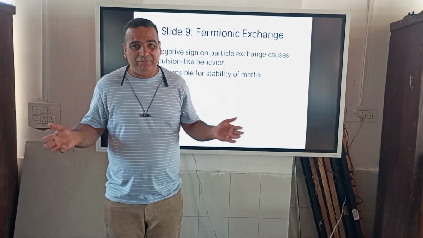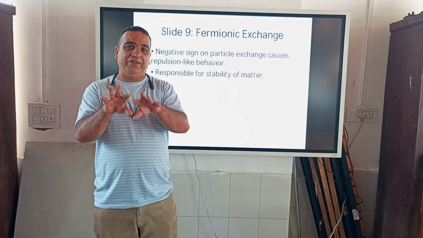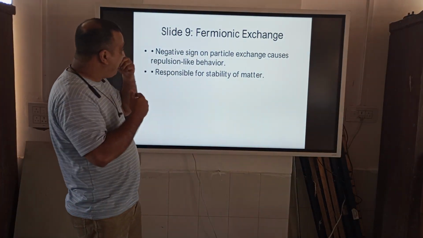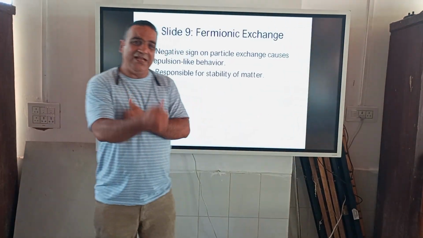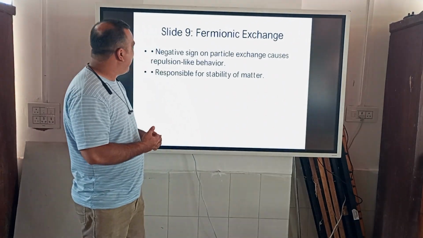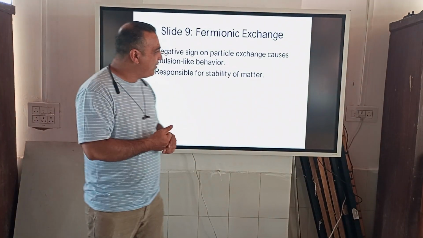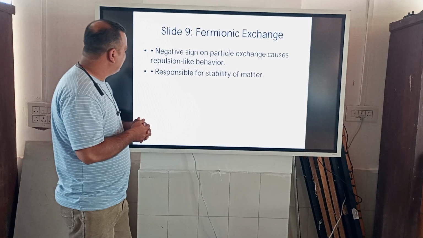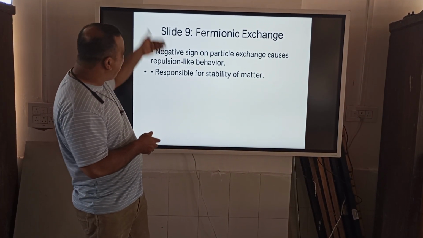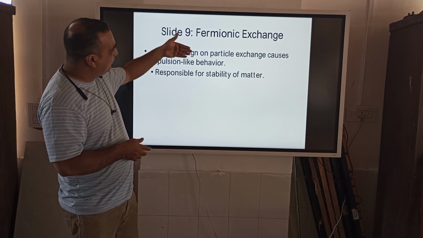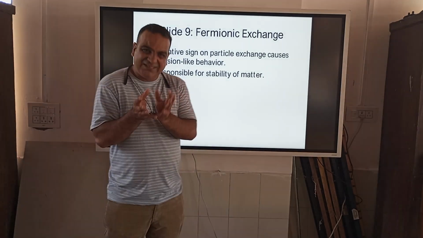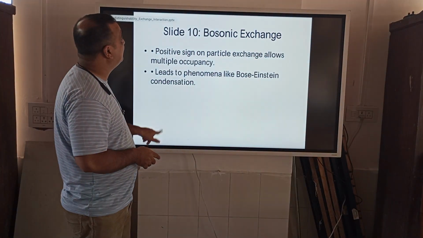You cannot have a one-way process where everything is all about attraction; it's going to collapse everything. So calculating this exchange, leading us to the negative value of the wave function, helps us understand the repulsive-like behavior between these fermionic particles. It is this negative sign that we calculate by exchanging these fermions that is responsible for the stability of matter, as I was talking about.